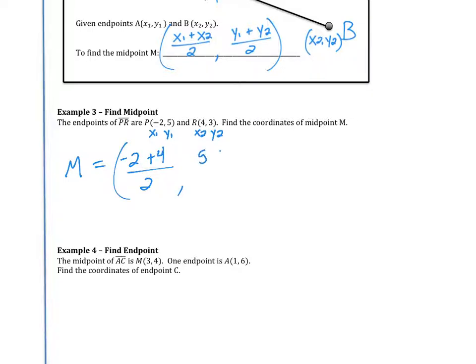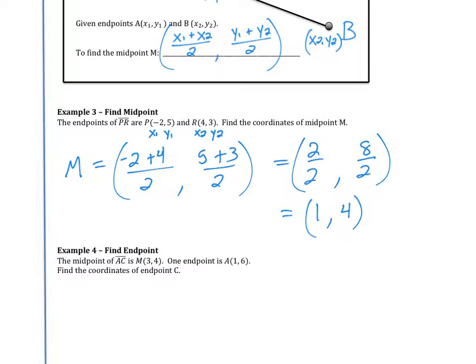We're going to take the y's and add them up and put them over 2. So the midpoint is -2 plus 4 divided by 2, which would be 2 over 2. And 5 plus 3 is 8, so 8 over 2. The midpoint is at (1, 4).